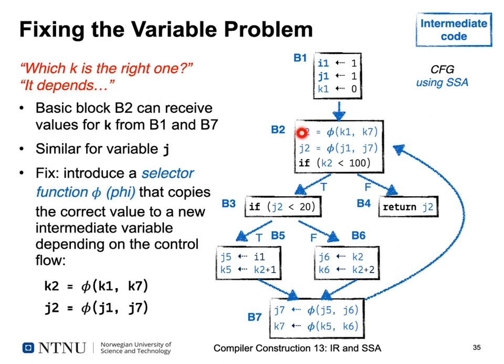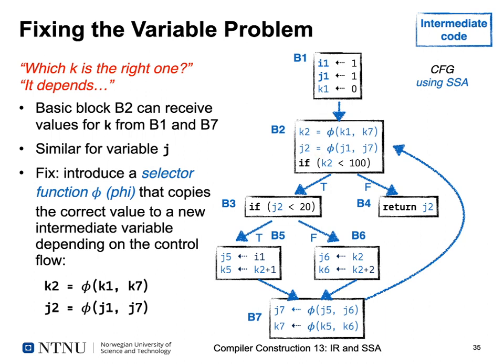If this new k2, which can either be the value of k1 or the value of k7 depending on where we came from, is less than 100, then we enter the loop, and otherwise we just skip over the loop. And then we could return our current value of j, which is now j2.